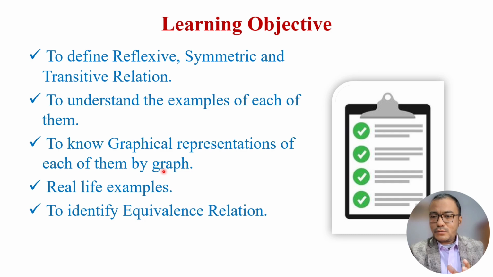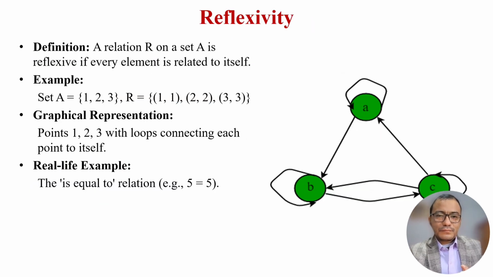Next I'll provide real life examples of them, and identify equivalence relations and what properties should be there to be equivalence relations in a set. Now, reflexivity is also a property of the relation.